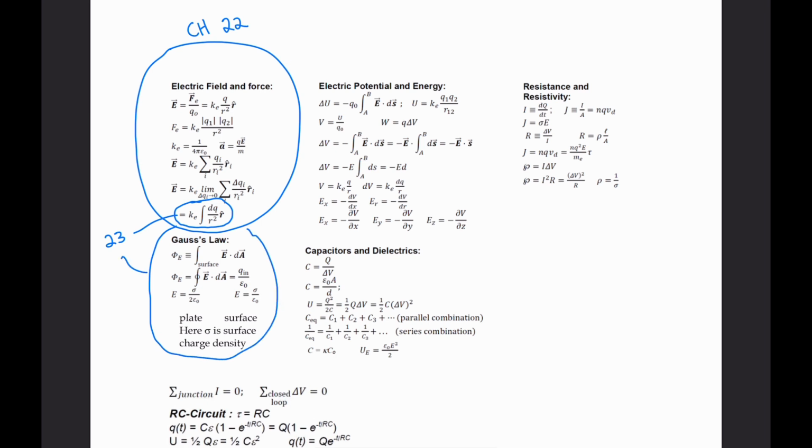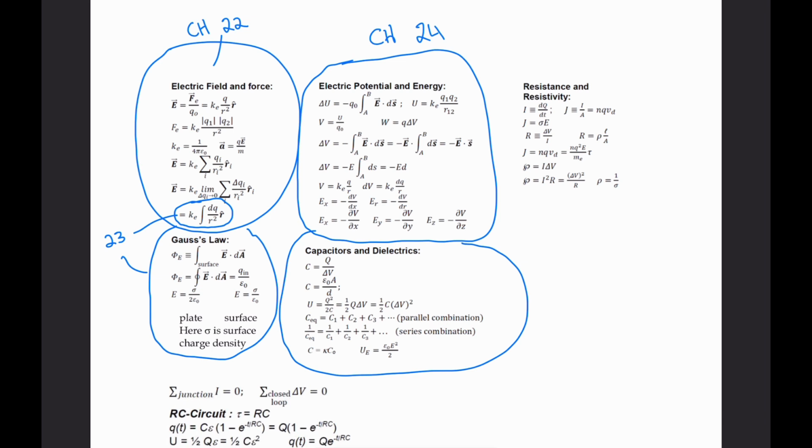Gauss's law is from chapter 23. Chapter 22 has the standard electric field. This over here for electric potential is chapter 24. And then we get into the capacitor and circuit stuff. So I think capacitors is chapter 25, and then resistance, Ohm's law, all this stuff is chapter 26.